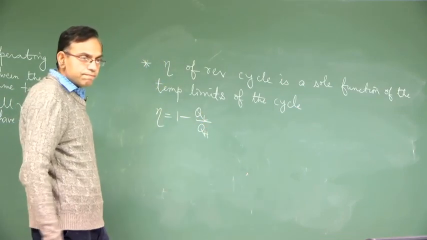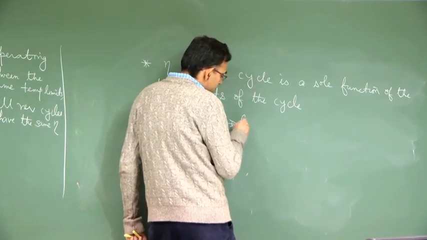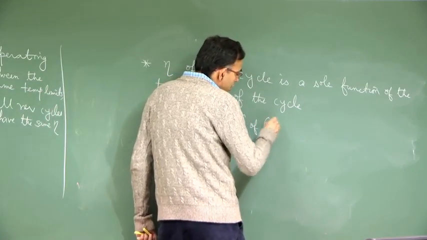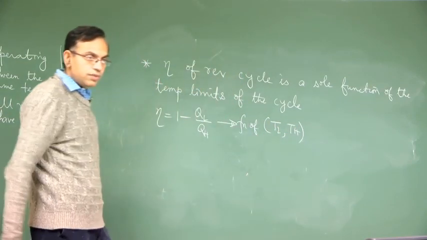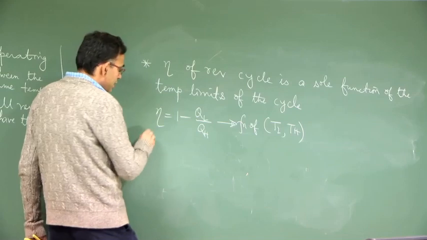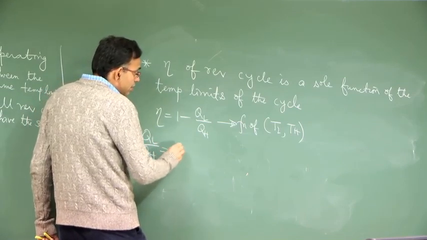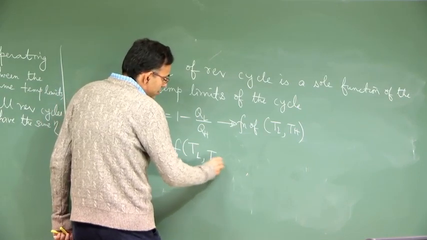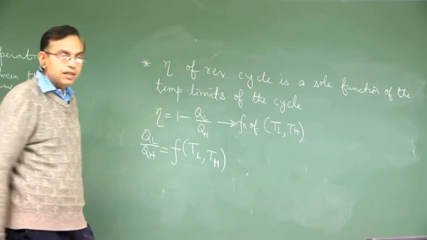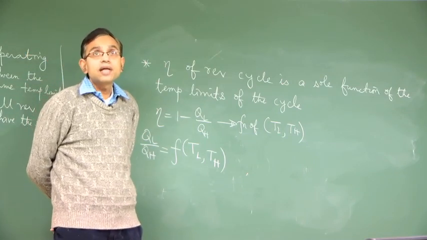So, this should be a function of only TL and TH, right. That means QL by QH, we can express this as a function of only TL and TH. Question is what type of function?